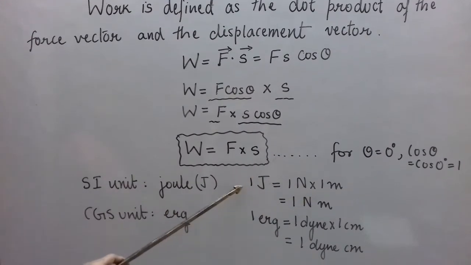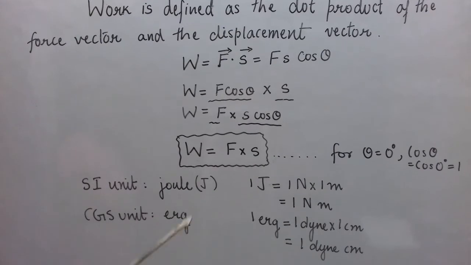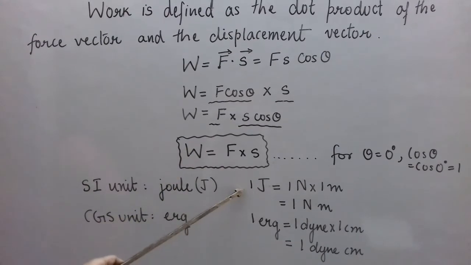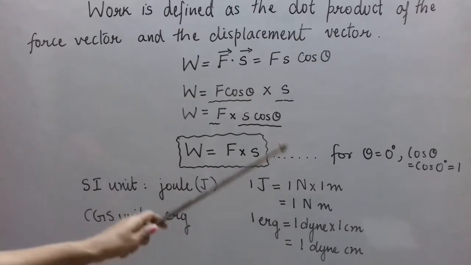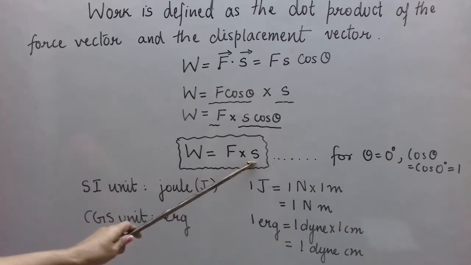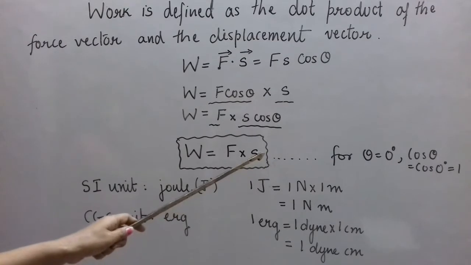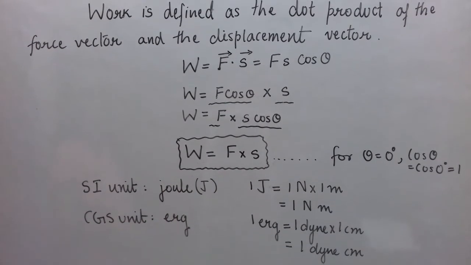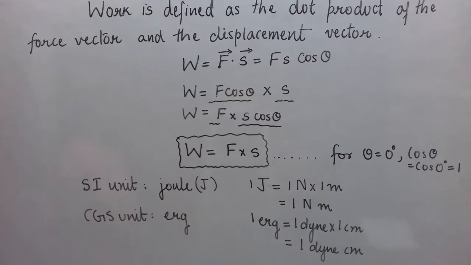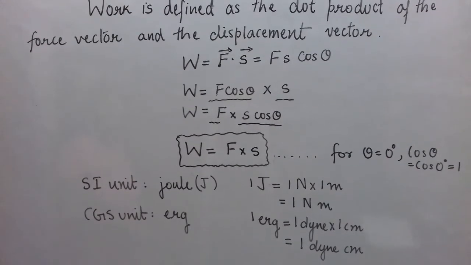Okay. So, how will you define Joule now? 1 Joule. Work done is said to be 1 Joule when 1 Newton of force acting on a body displaces it by 1 meter in the direction of force applied. Again here, if you don't write in the direction of force applied, you will lose your marks. The definition will go wrong.